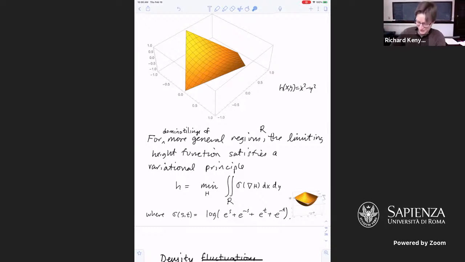let me move on. All right, now we started with the multi-tiling model. I showed you how to compute the free energy, the limit of the log of the partition function. But now what we want to do is study the internal structure of a large tiling.